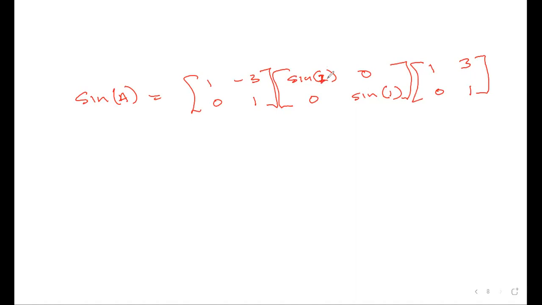It wouldn't be degrees. So we would multiply it out. So that's sine 2. This is 0. 1 times 0 is 0, minus 3 times, that's minus 3 sine 1. This is 0, and then this is sine 1.